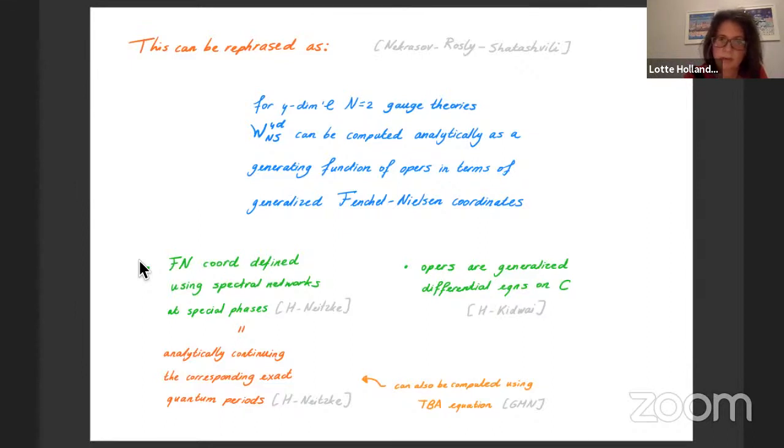In particular, we considered the E6 theory with Andy, and there was a paper discussing a set of generalized Fenchel-Nielsen coordinates in that case, for arbitrary monodromies. Yes. Okay. For the E6 theory, that means a 3-punctured sphere with general monodromies around the 3 punctures.